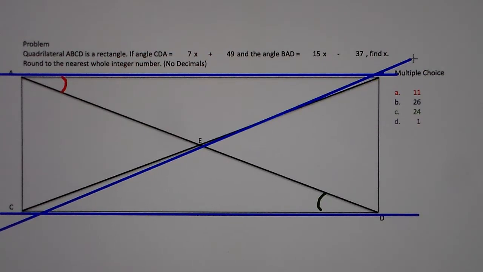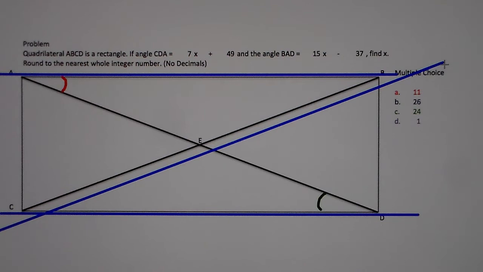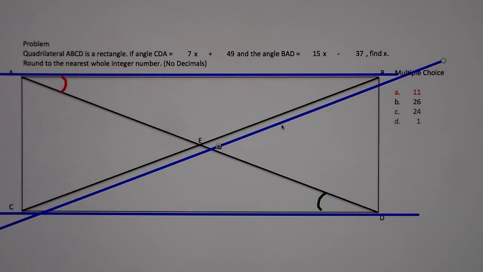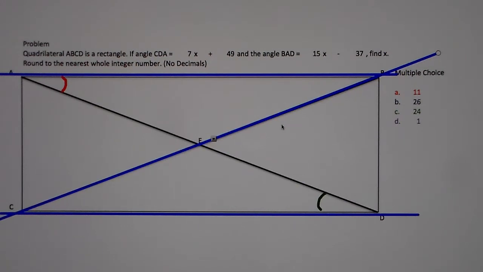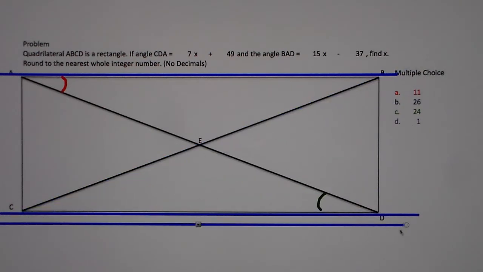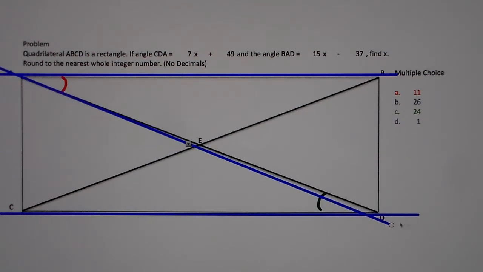And if we highlight this diagonal, it looks like the parallel lines cut by the transversal that we were practicing earlier this school year. There we go. That's parallel lines cut by the transversal. So you can see by the green and the red are alternate interior angles.